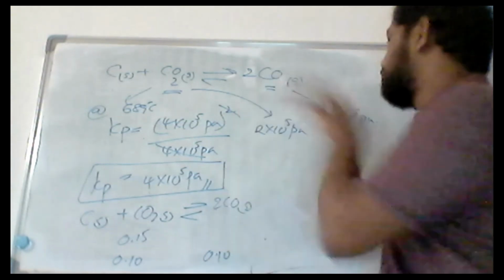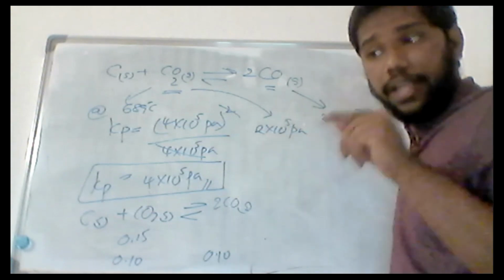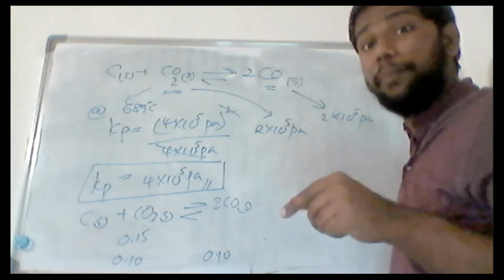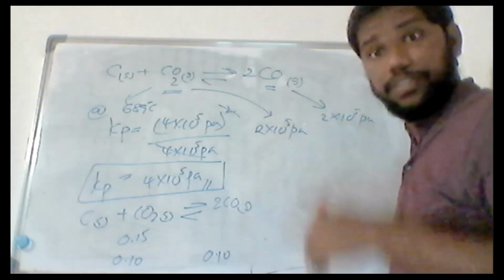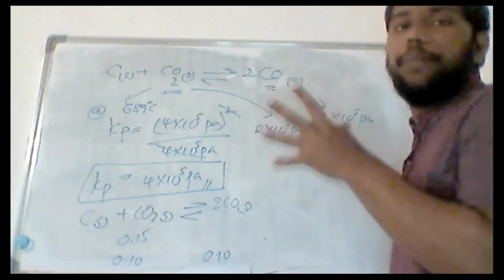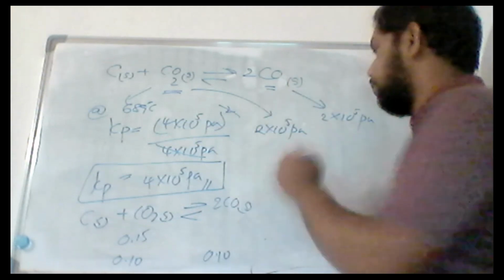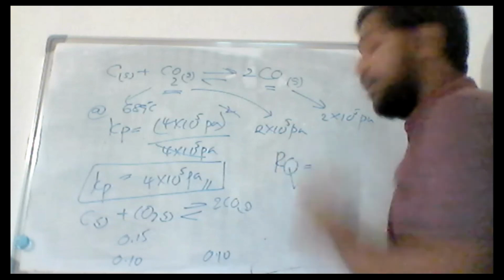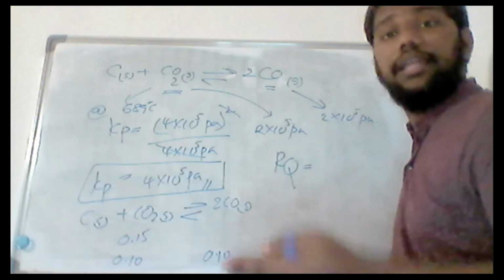Okay. Now this pressure is given before equilibrium. You remember we calculate RQ in Ksp before the solution gets saturated or before precipitate forms. This is the same type of condition where we calculate Q, the reaction quotient, that is before equilibrium, which means in the pressures that they have given.